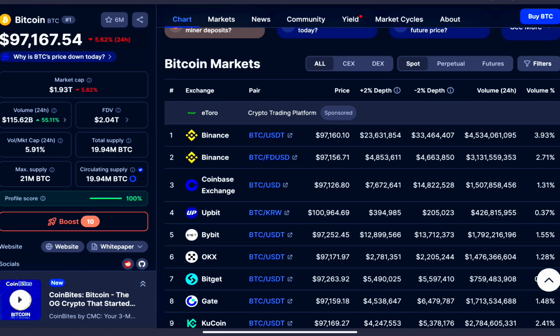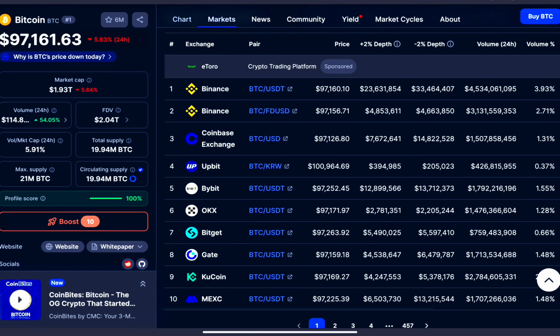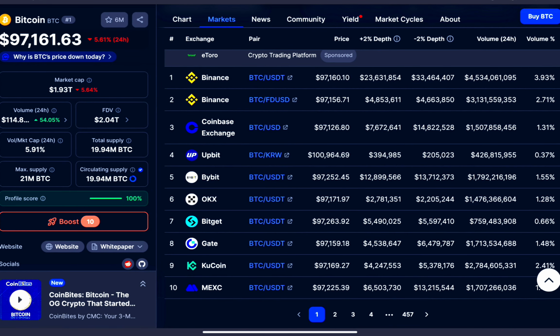As it is right now, you can do a simple arbitrage on BTC by buying BTC USDT on Binance at $97,160, and then sending it over to BitGet, if you have BitGet in your country, and selling it at $97,263. This is over $100 profit. You can do the math: 97,263 minus 97,160 is $103 or so.